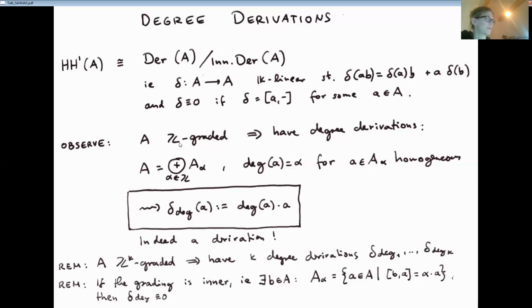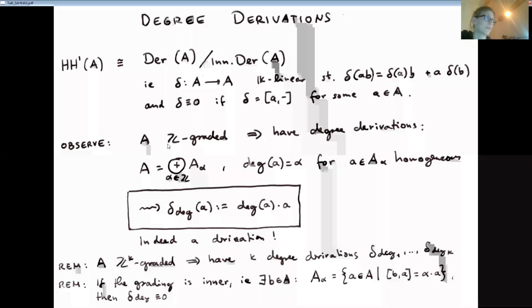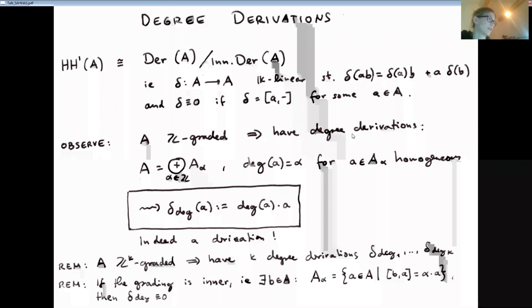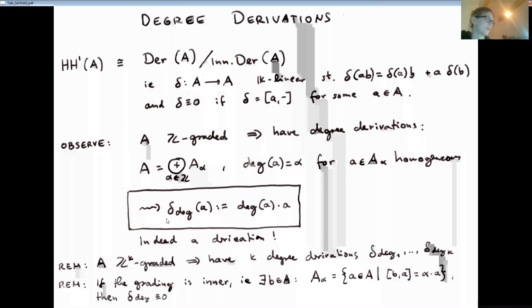And now, as soon as we have, let's say, a Z grading on our algebra, then we have some very special derivations, that is degree derivations. So A decomposes into its homogeneous graded components, and we can assign a degree derivation that takes each homogeneous element to its degree times the element.